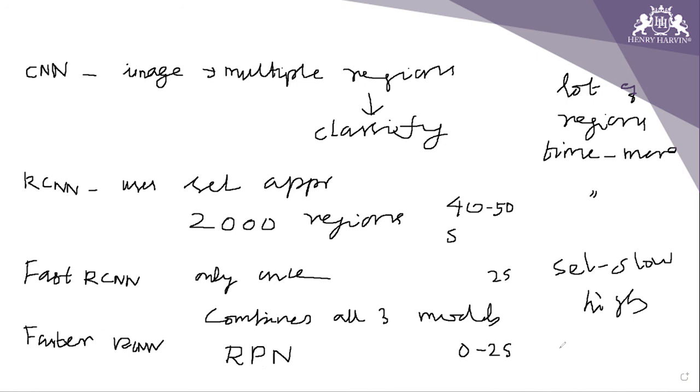What are the limitations here? Object proposal takes time. And as there are different systems working one after the other, the performance of the system depends on how the previous systems performed.